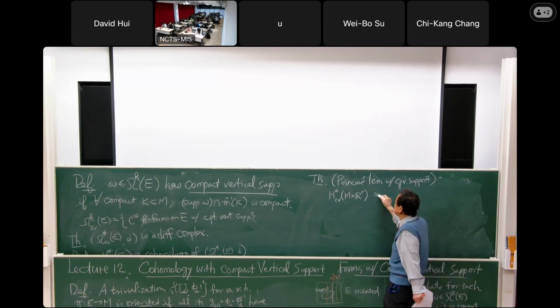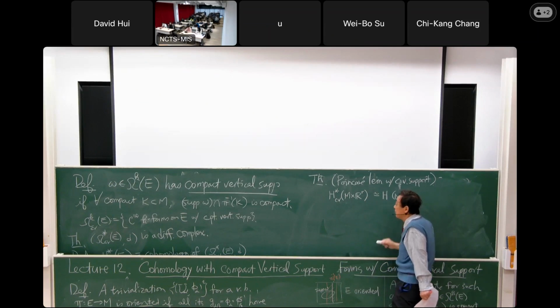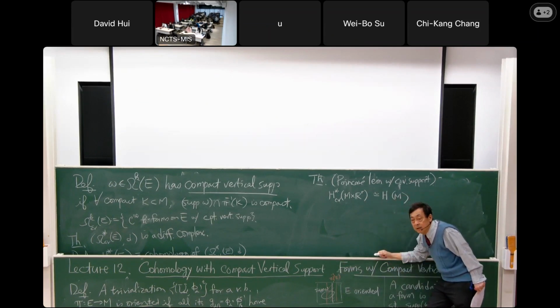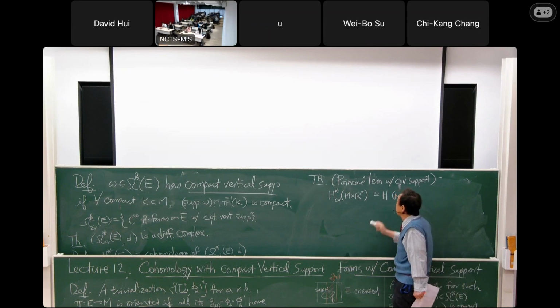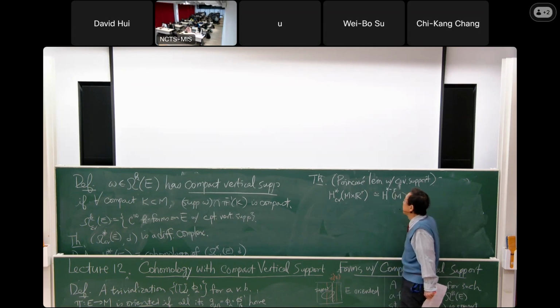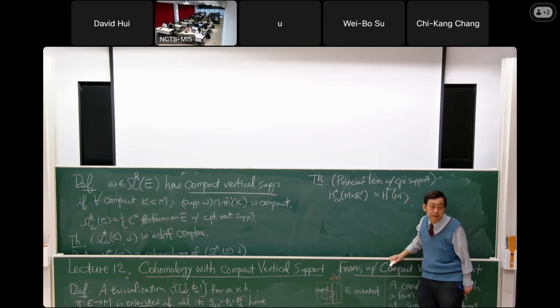And it says that this is the same as the cohomology of M, but, just like for cohomology with compact support, you have to decrease the degree by R. Okay? So this is the Poincare lemma.